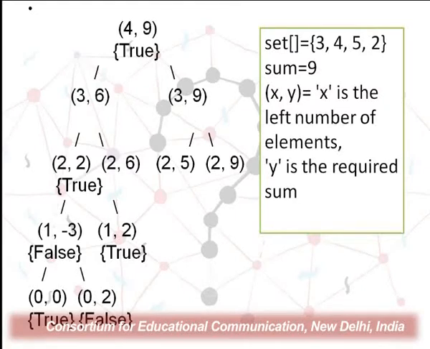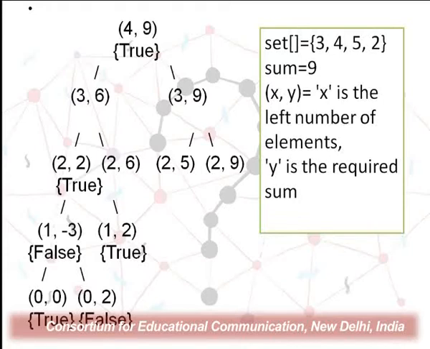So 2, 2 says the number of items left is 2, and the sum left is 2, because we have considered 3 and then the next item 4. So 3 plus 4 is 7, and 9 minus 7 is 2.